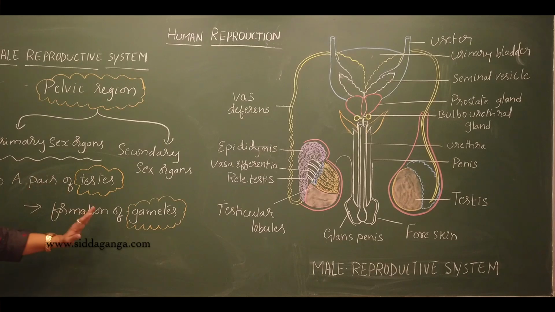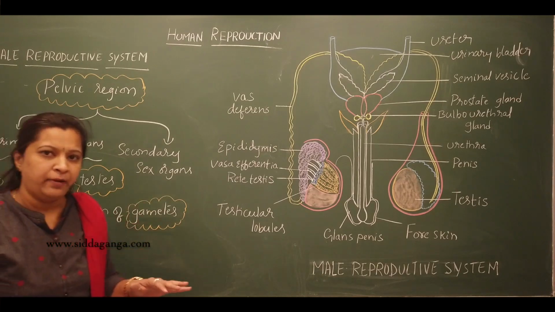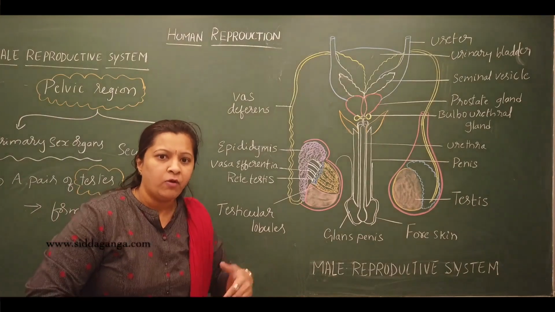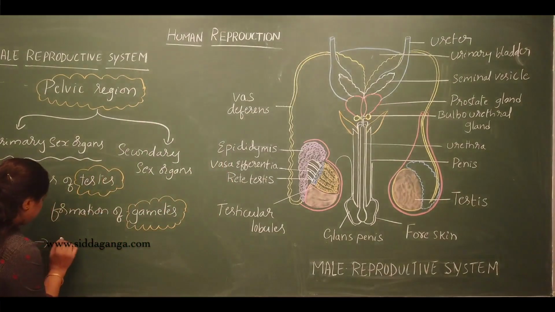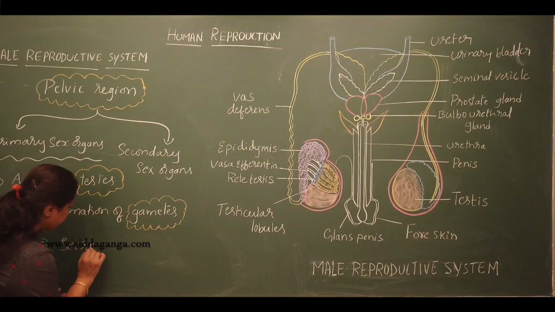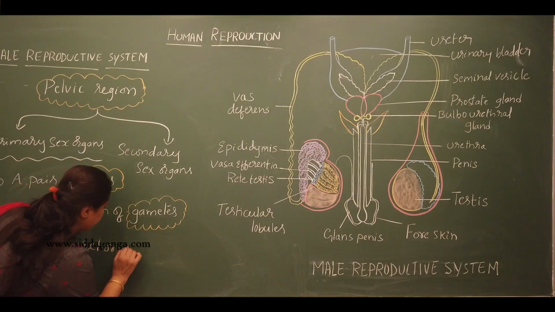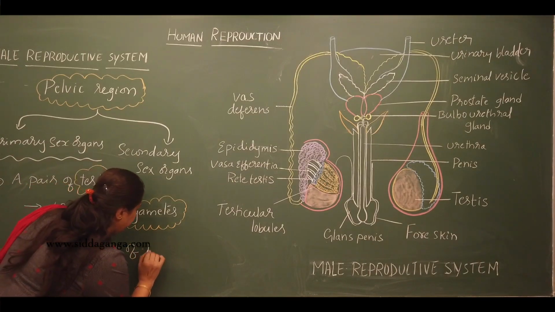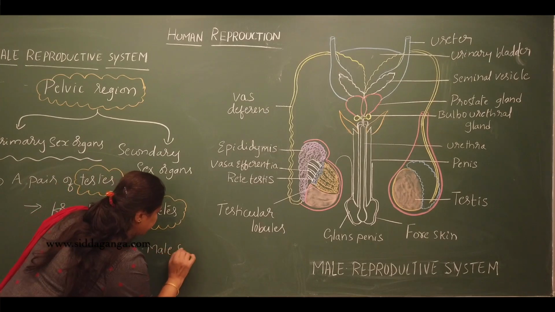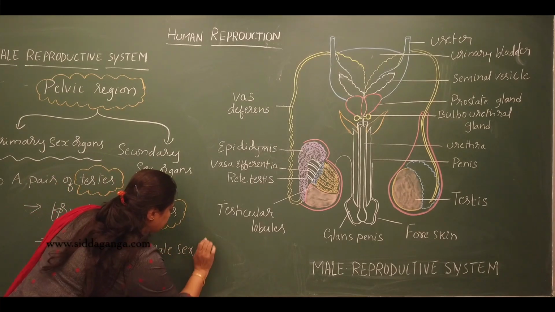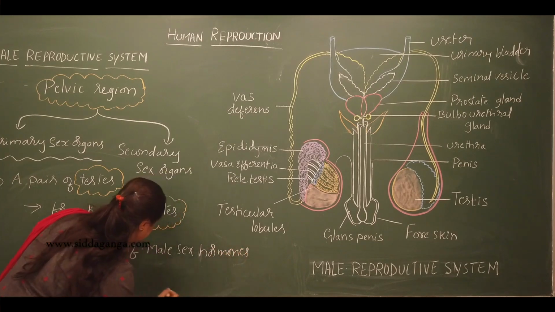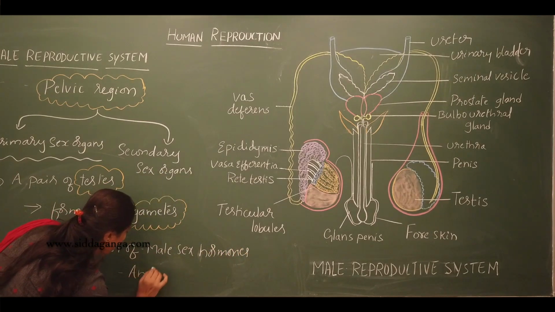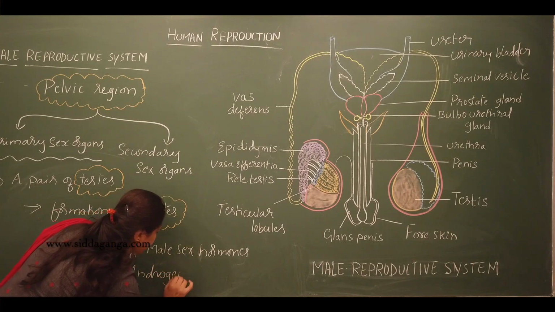Apart from producing the gametes, they also perform one more function, that is the secretion of male sex hormones, called androgens.